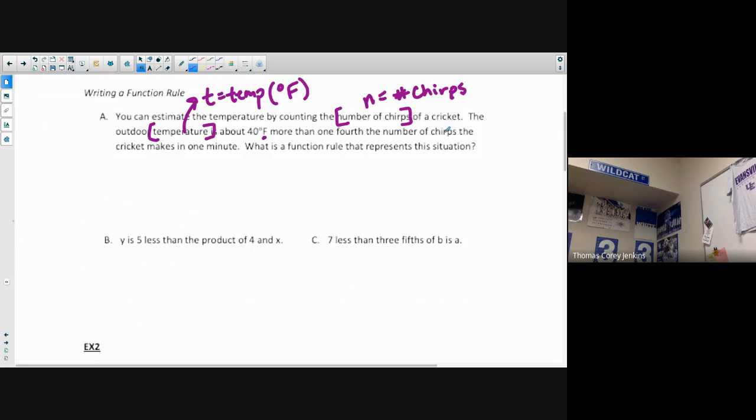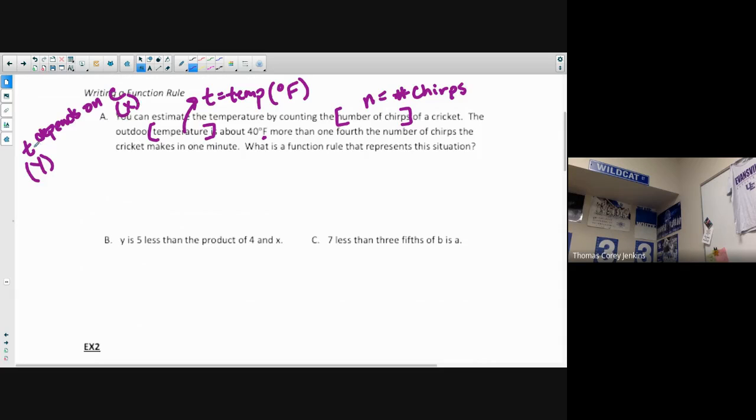So depending on the number of chirps, the temperature is this. So T depends on C. That means T is my output, what we normally call Y. C is my input, or what we normally call X. That's how we're going to structure our equation.